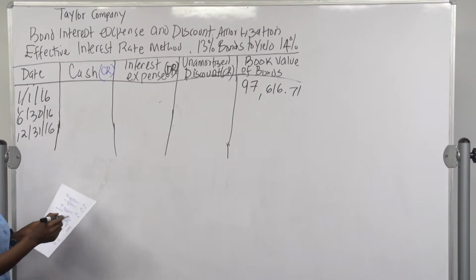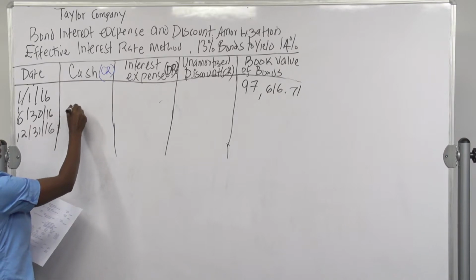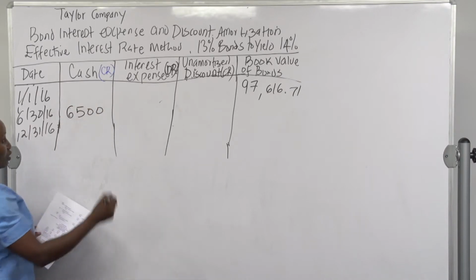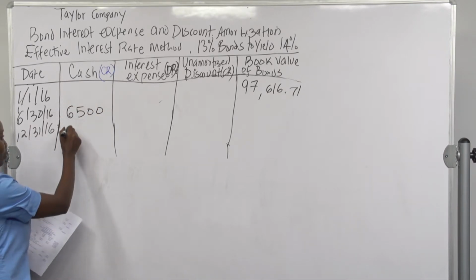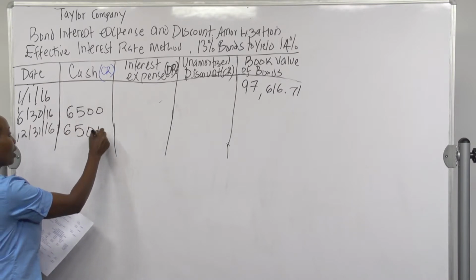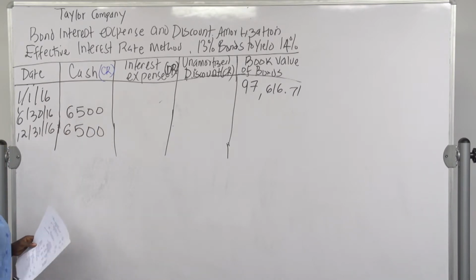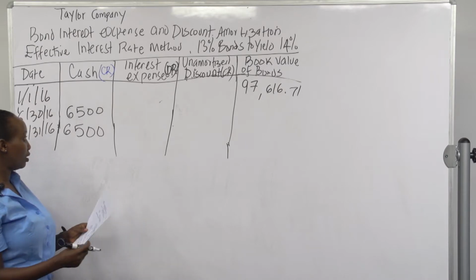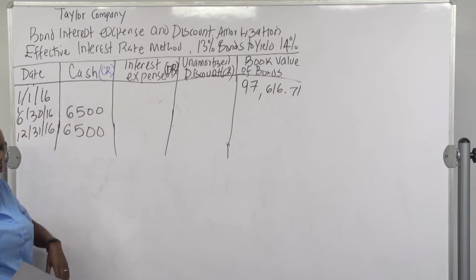The cash payment for each period is still $6,500 because the bond has a stated rate of 13%. Similar to the prior scenario, it's still $6,500 for the payment.